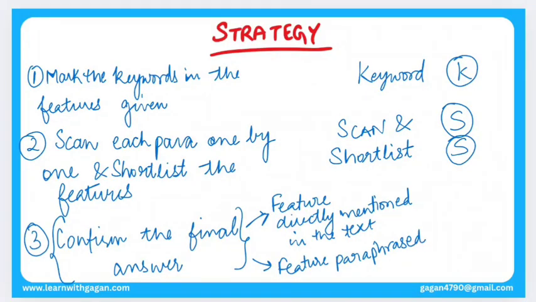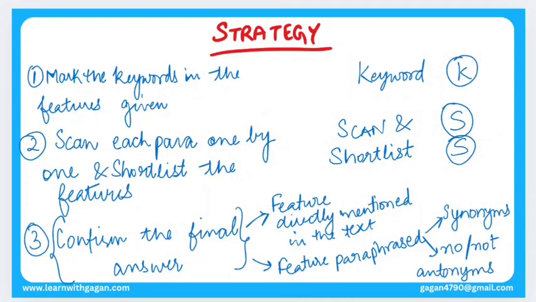In paraphrase also, either they can use direct synonyms or they can mention no or not and mention the antonyms. So these are the traps they use for students.